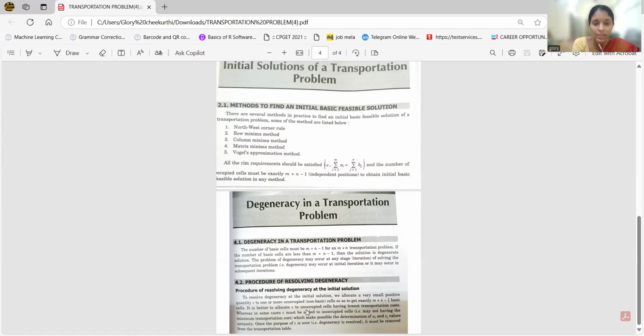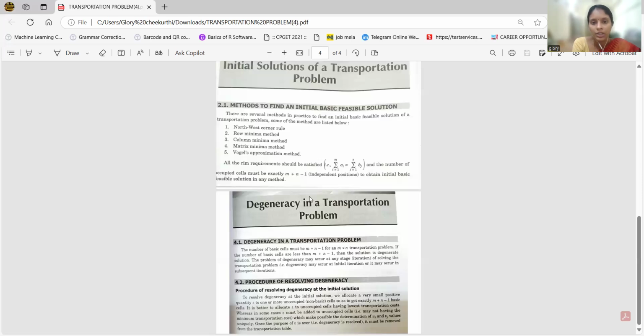To resolve degeneracy, there are two ways. One is to introduce epsilon, a very small quantity, in the non-basic cell having the least cost. Or sometimes we have to introduce epsilon, maybe not in the cell having the least cost, but in order to provide the values for Ui and Vj.